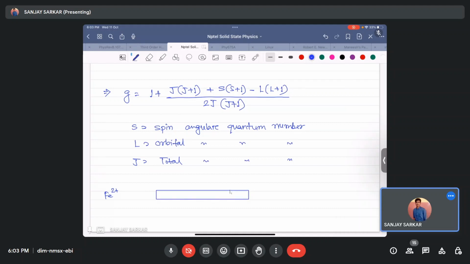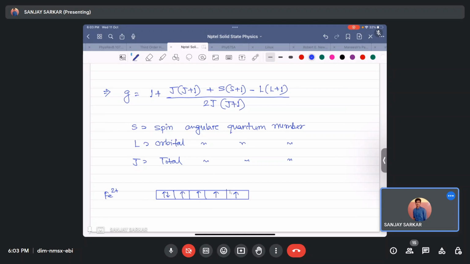So 1, 2, 3, 4, 5. Since it is 3d6, according to Hund's multiplicity rule and Pauli's exclusion principle, this will be the electron configuration for 3d6.